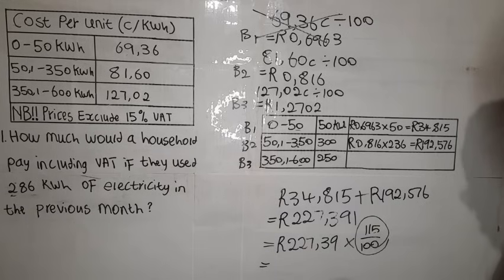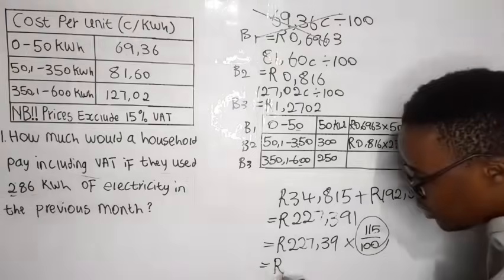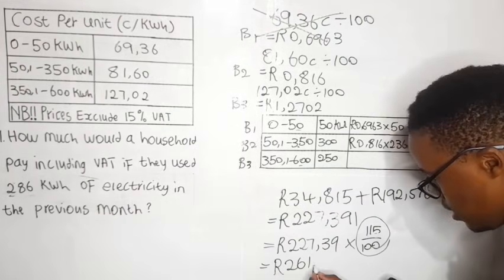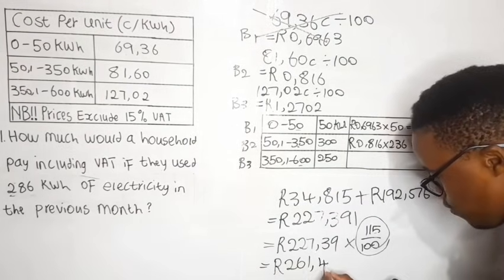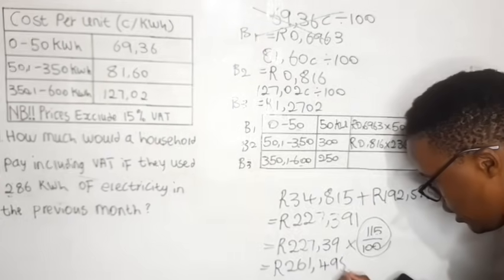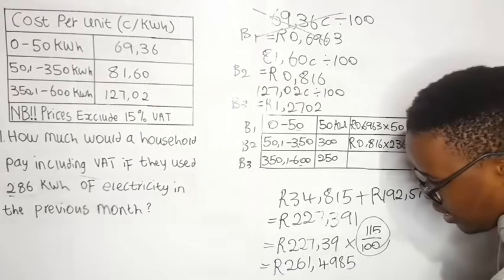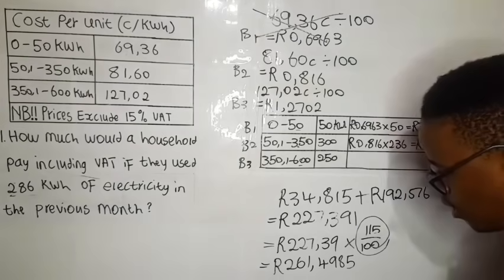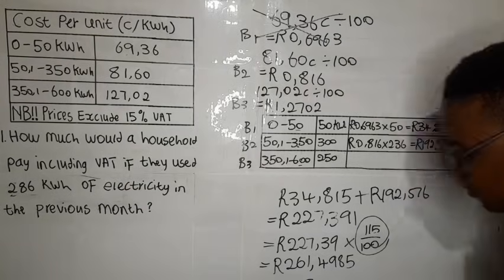it's going to be 227.39 multiplied by 115 over 100. And then this is your final answer, 261.4985, and then when you round it, it becomes 261.50.